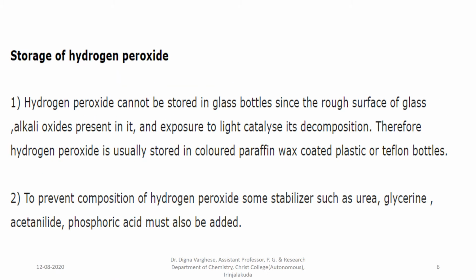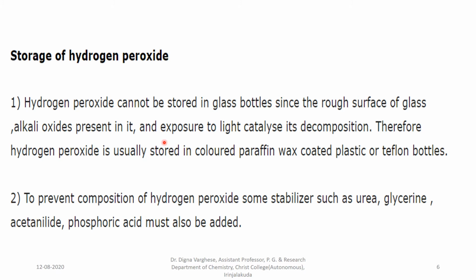Hydrogen peroxide is prepared, and now how it is stored. Storage of hydrogen peroxide: hydrogen peroxide cannot be stored in glass bottles, since the rough surface of the glass, the alkali oxides present in it, and the exposure to light catalyze its decomposition. Hydrogen peroxide is decomposed by the glass in that alkali oxides are present.